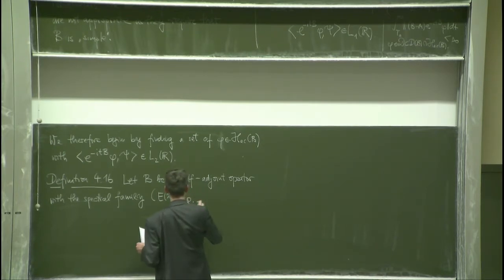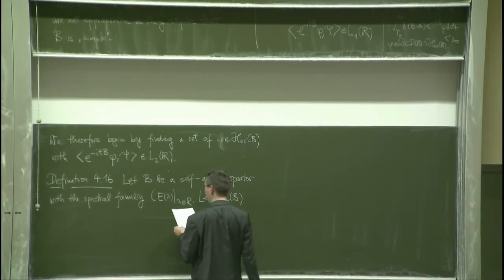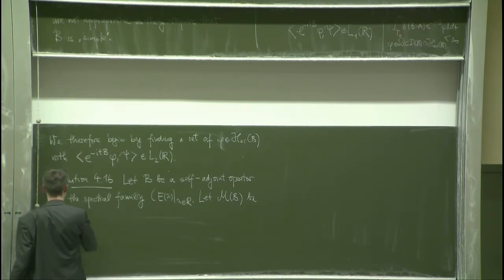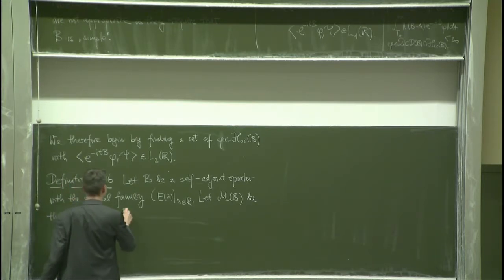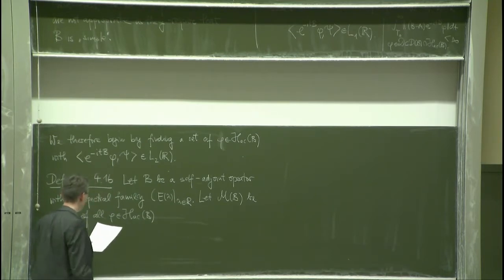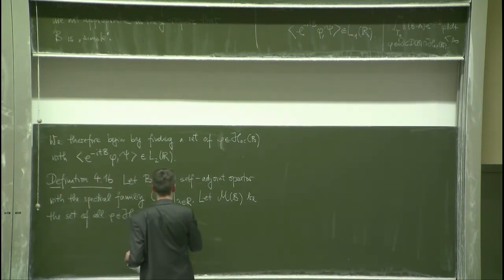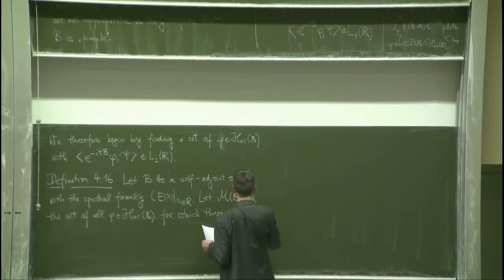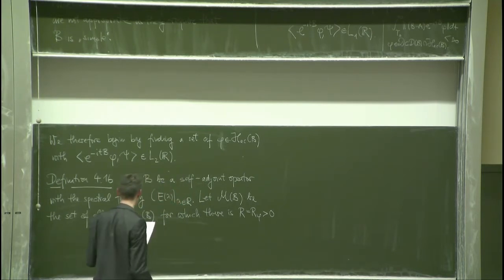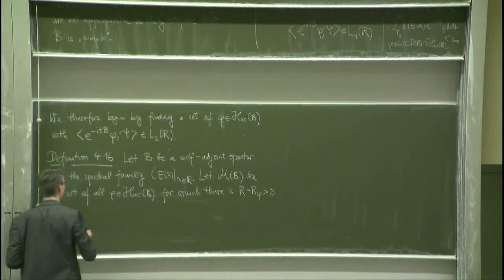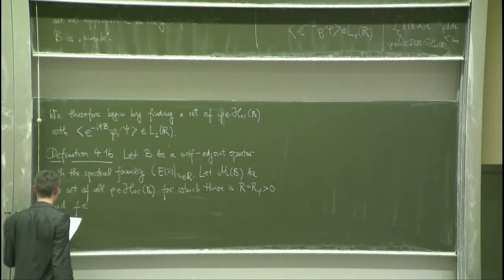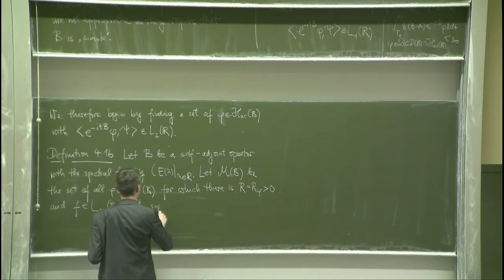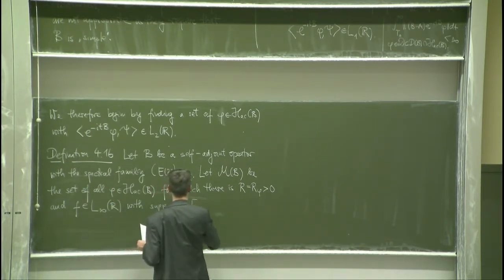Now I introduce a set M, so let script M of B be the set of all phi in the absolutely continuous subspace with respect to B, for which there is a number R that depends on phi, so I write it as R phi positive, and a function f that is bounded with the property that the support of f is contained in the interval from minus r to r.